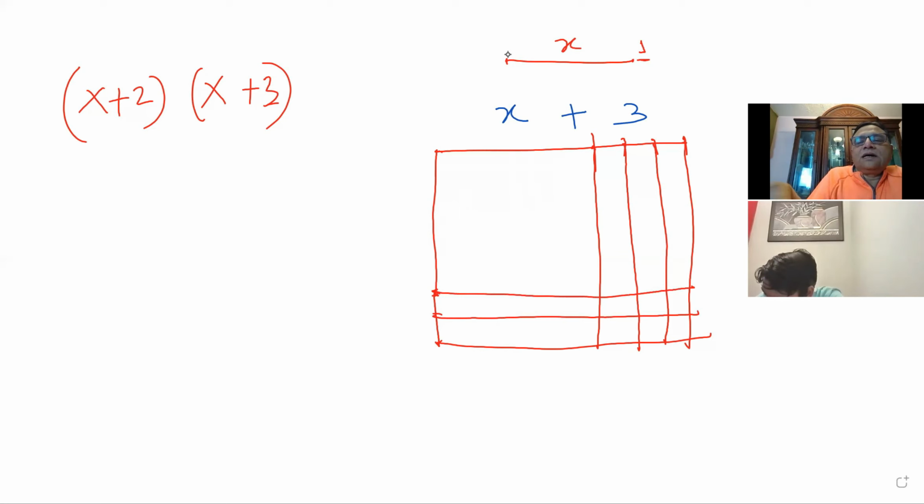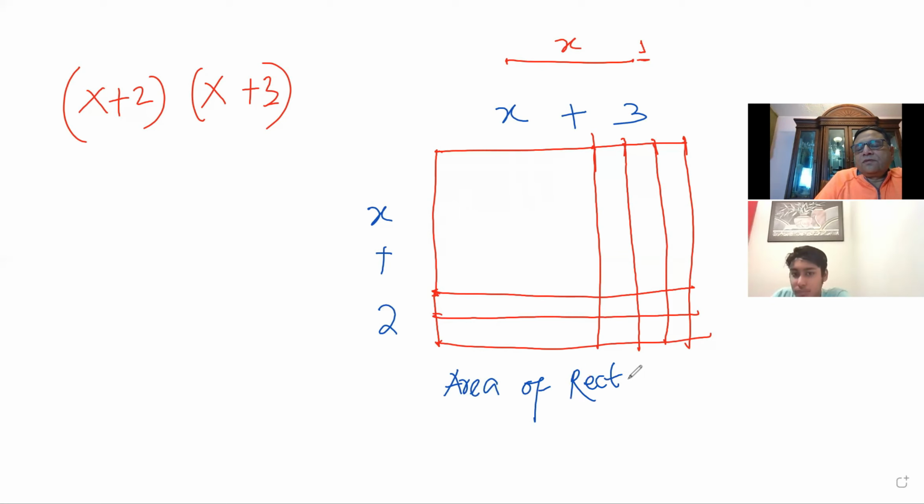So on this side, I have x plus 2. So if you look into this as an area of rectangle, you get what? This area is x times x, right? These two sides are equal. The area is x, so x squared.